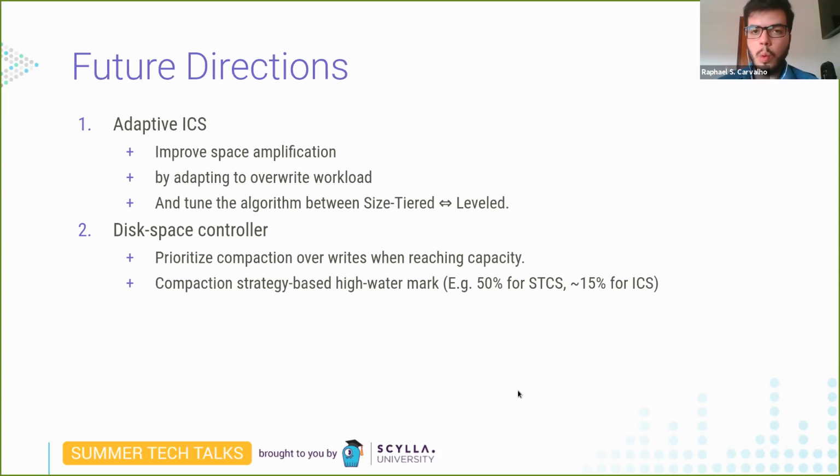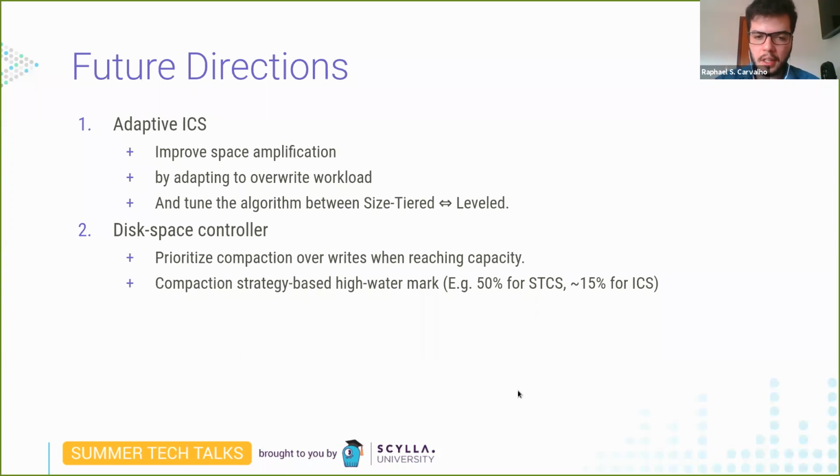It was noticed that in some of our tests, compaction falls behind, and as a result, we could end up running out of disk space because the write rate is higher. We are ingesting more data than compaction can handle. So as a result, we can eventually end up running out of disk space.